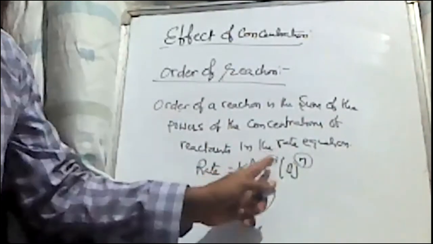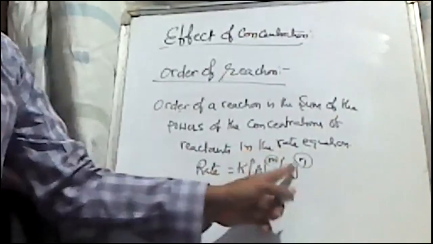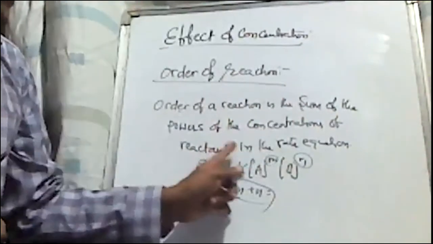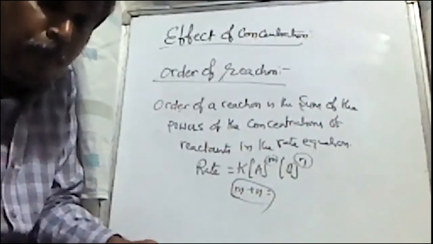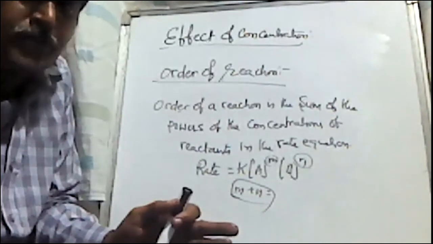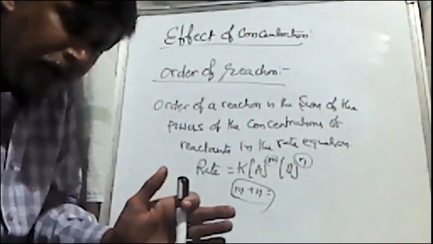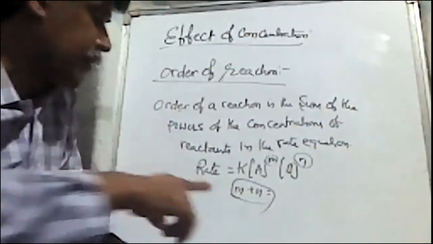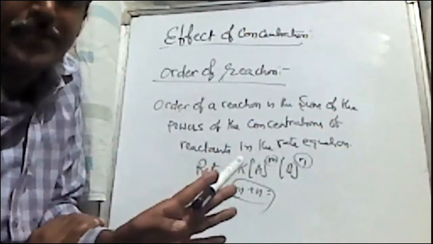It is the sum of the powers of the concentrations of the reactants in the rate equation.